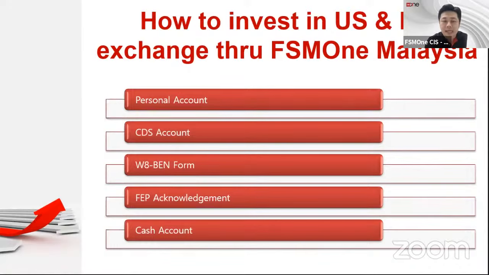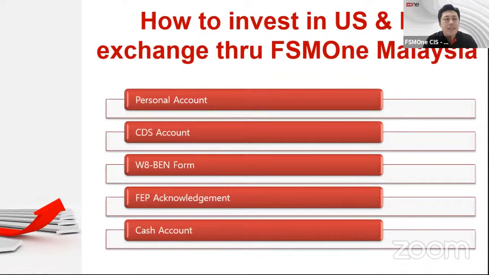Just within a few clicks, our system will pre-fill all the information for you, and you will just need to click the button to confirm and submit. This W8-BEN form declaration will be valid for 3 years before the system prompts you to update again.